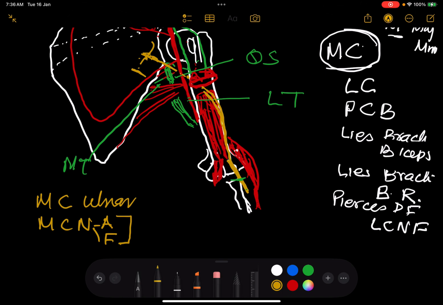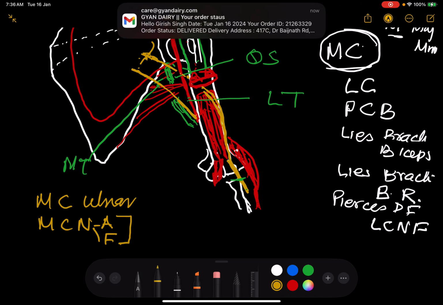The ulnar nerve passes into the arm, pierces the medial intermuscular septum in the middle of the arm, and becomes posterior in the arm.